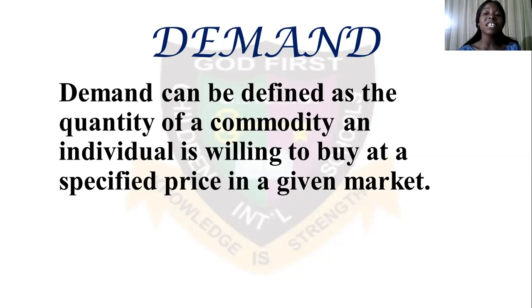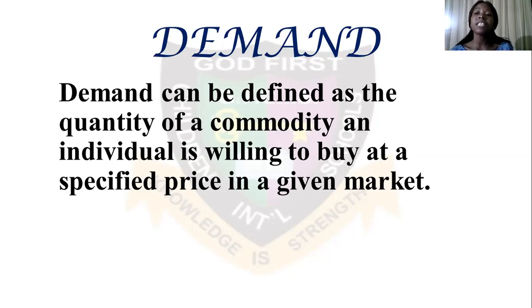So in fact, we can say that the law of demand states that all things being equal, as prices increase, quantity demanded will be low, while as prices decrease, quantity demanded will be high. Meaning, we are saying that other things being equal, more of a commodity is demanded for at lower prices than at higher prices.